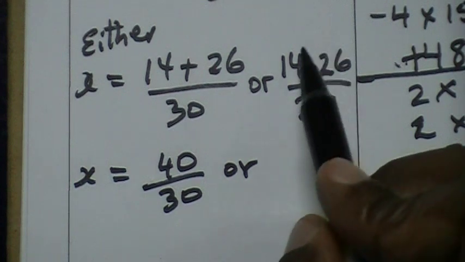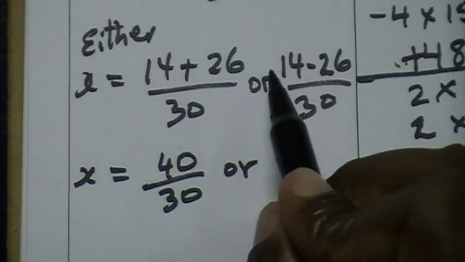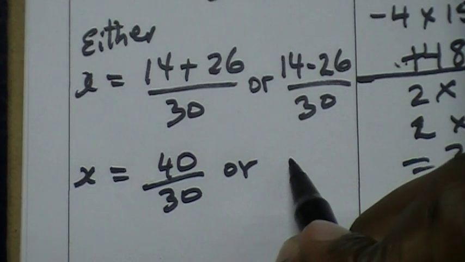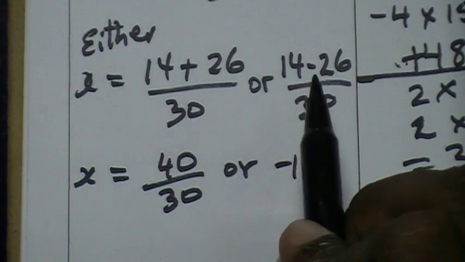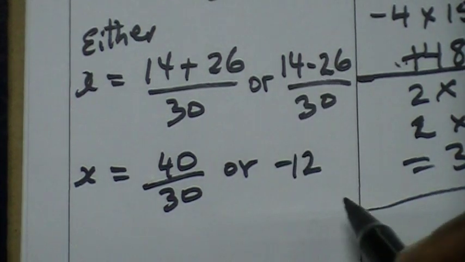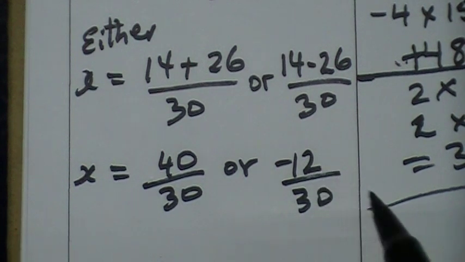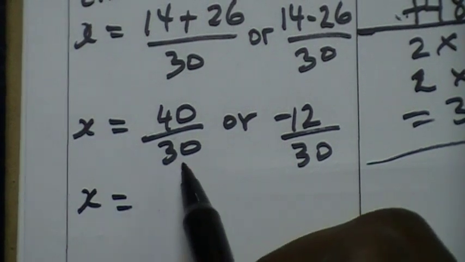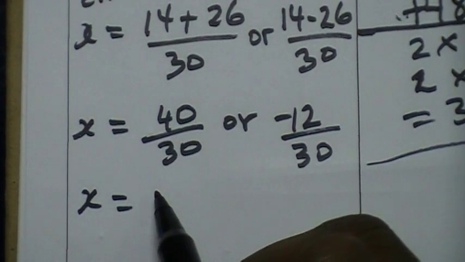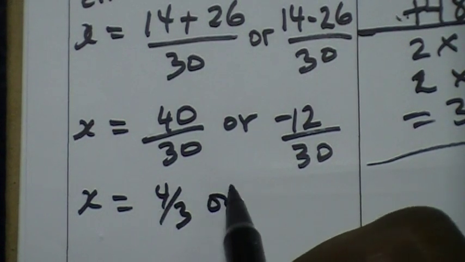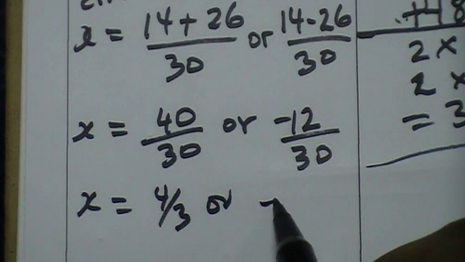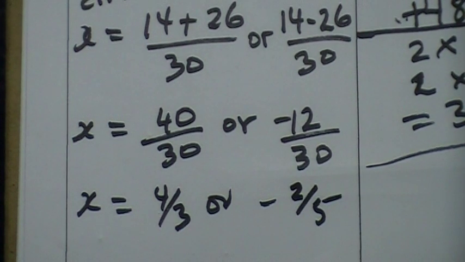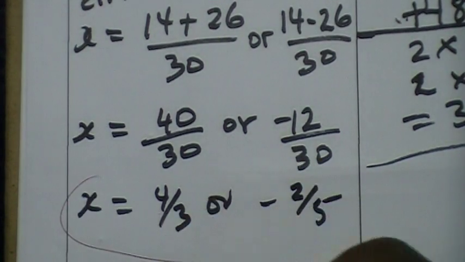For the other part, find the difference between these because they're unlike signs. The difference between them is 12, and it's going to be negative 12. We have more negatives than positives, so it's negative 12 over 30. Dividing both numbers by 10, the first becomes 4 over 3. Dividing both of the others by 6, we get negative 2 over 5. And those are the two solutions for x.